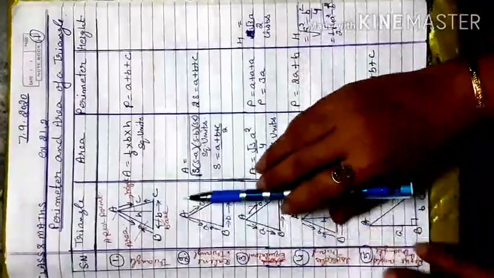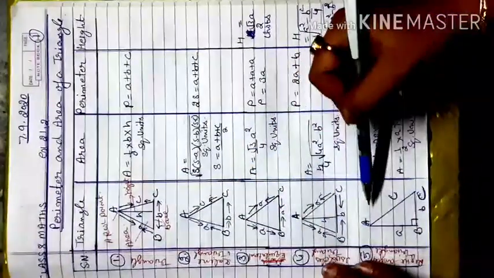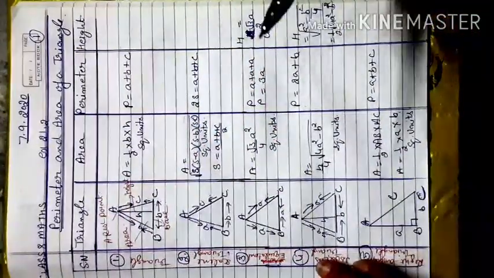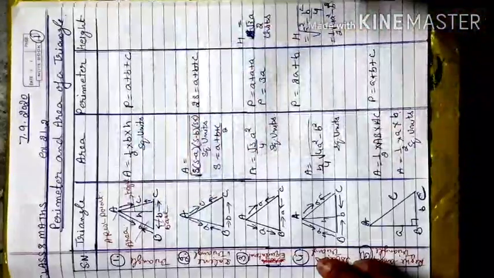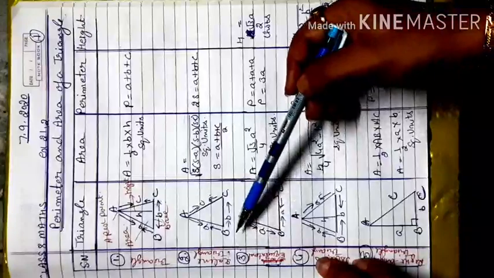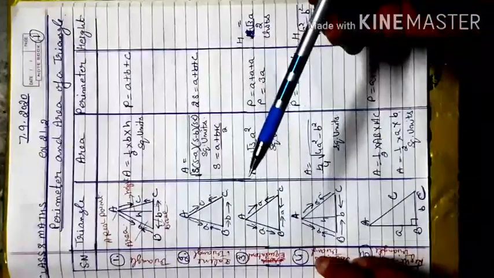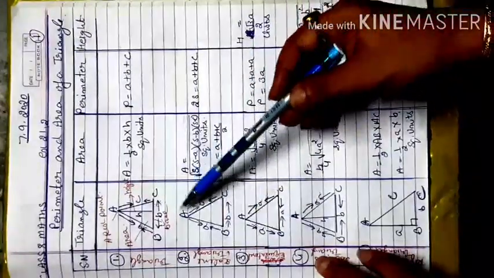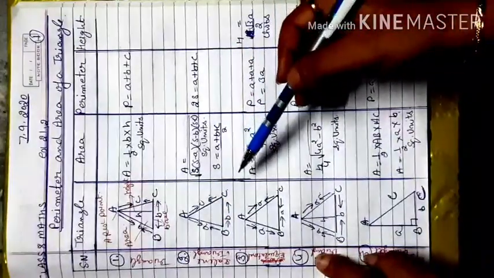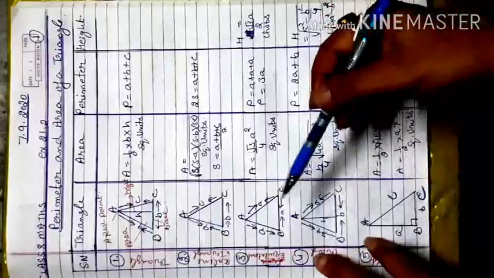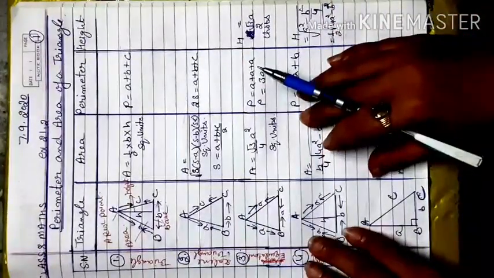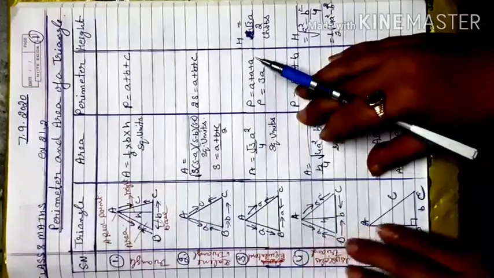Here we are dealing with five types of triangles. First is the normal triangle, when the height and the measurement of three sides are given. Second type is when no height is given and all sides have different measurements, which we call a scalene triangle. Third is when all sides are equal, and we find area, perimeter and height.